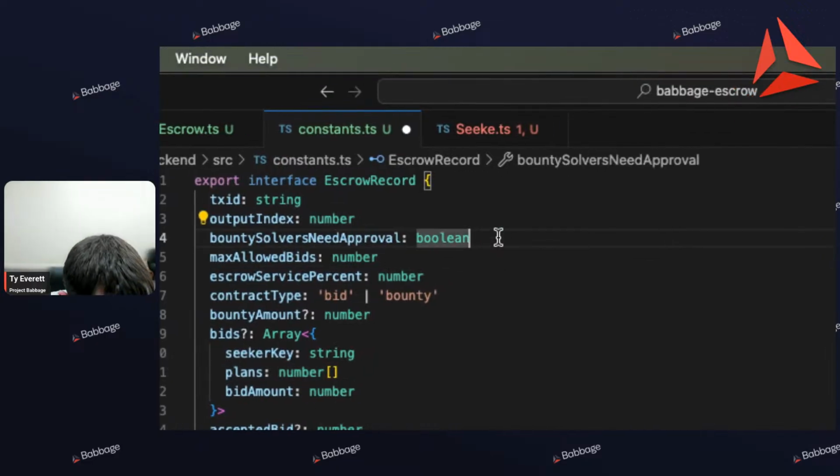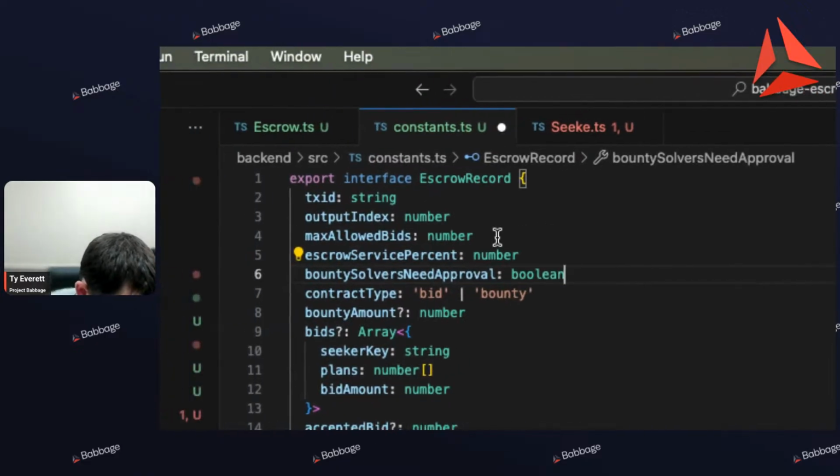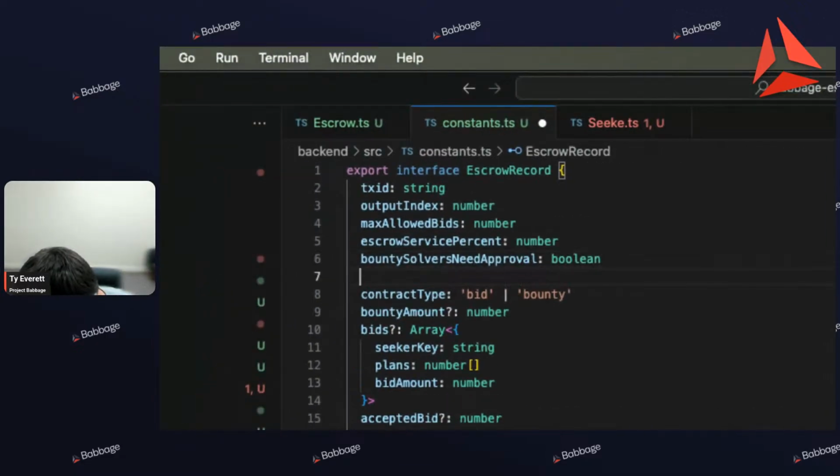So bounty solvers need approval. And then we decided platform.